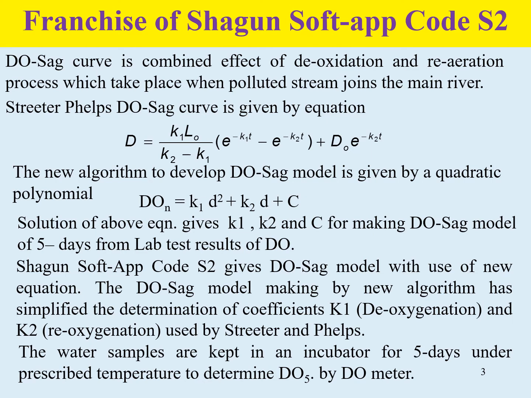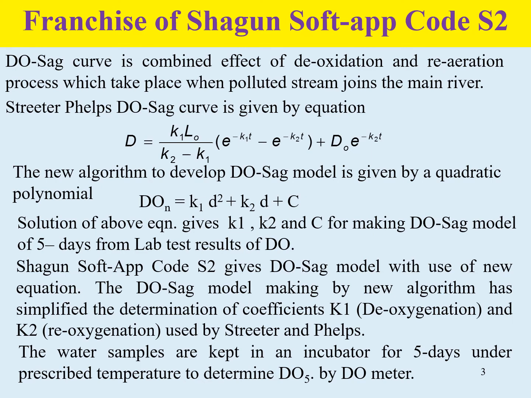The steps are: Number 1, determine coefficients K1 and K2 of Streeter-Phelps equation. Number 2, collect water samples from 5 points on the river within 40 km reach to determine K1. Number 3, divide the water samples into 5 different bottles.